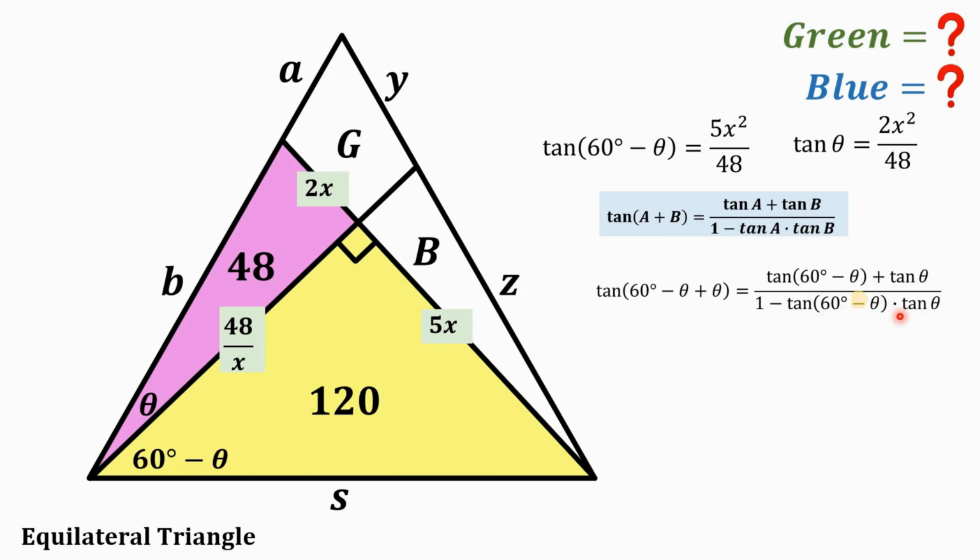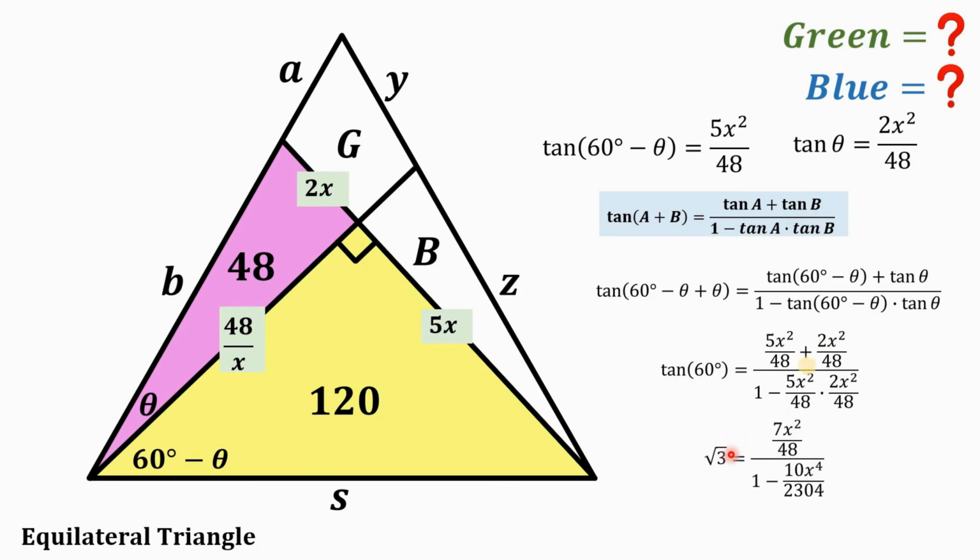And we know the values of those, because tangent of 60 degrees minus theta is 5x squared over 48, while tangent theta equals 2x squared over 48. Therefore, this equation becomes tangent of 60 degrees equals 5x squared over 48 plus 2x squared over 48 all over 1 minus 5x squared over 48 times 2x squared over 48. Now we know tangent of 60 degrees is simply equal to square root of 3.